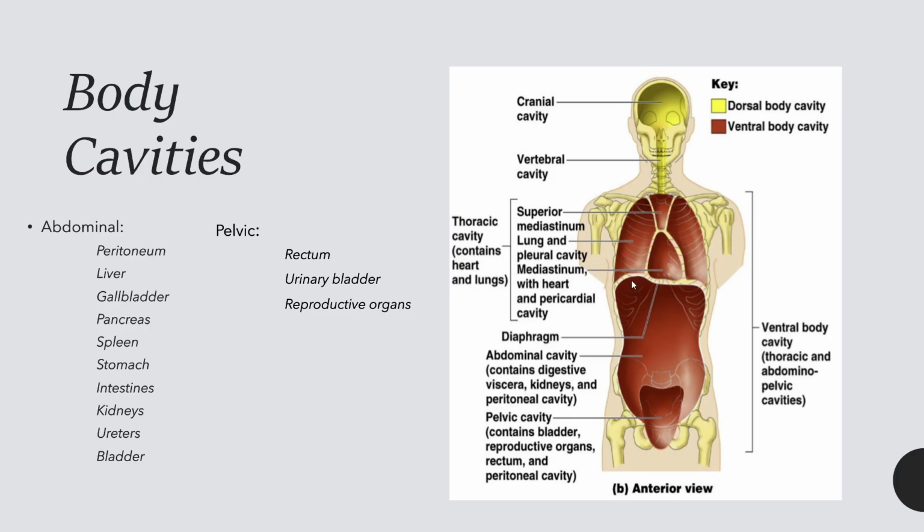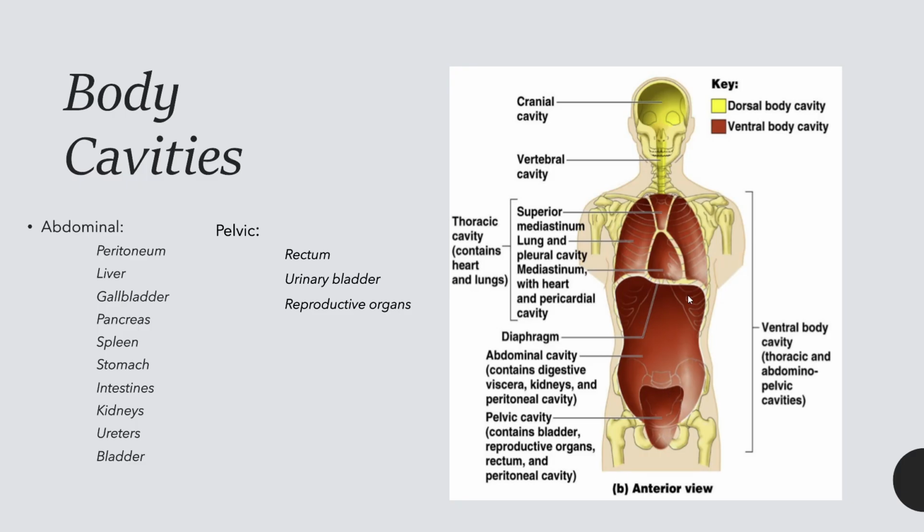And then in that upper quadrant there on the right, we have the liver and the gallbladder that attaches to it. The pancreas sits kind of right in the middle. The spleen is over on that left side with the stomach. And then we have intestines, large and small, kidneys, and then kidneys connect to the bladder via ureters. So that's all found within the abdominal cavity.